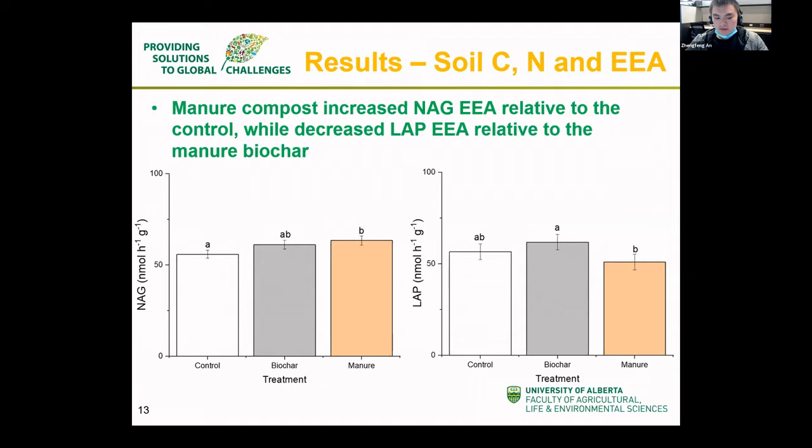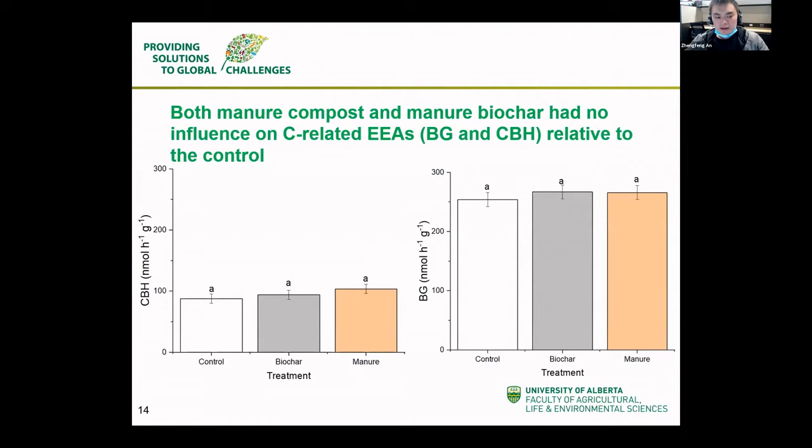While for LAP enzyme activities, there was no significant difference for biochar amendment or manure amendment relative to the control. And both manure compost and manure biochar had no influence on carbon-related enzyme activities relative to the control.